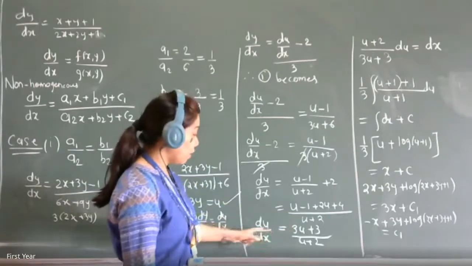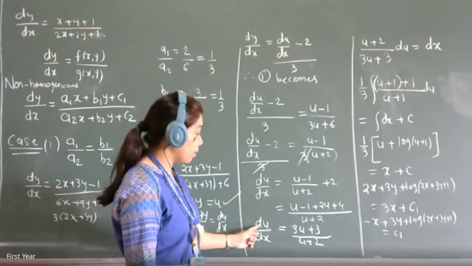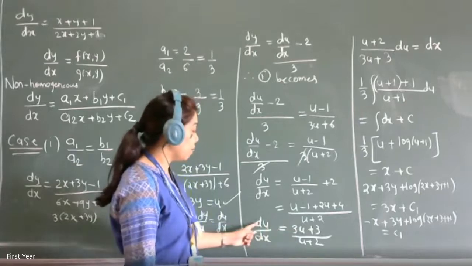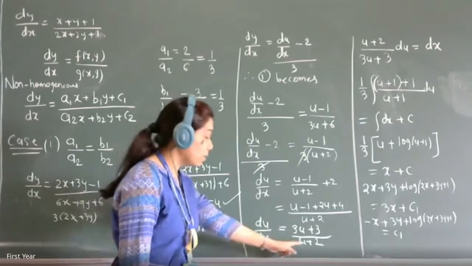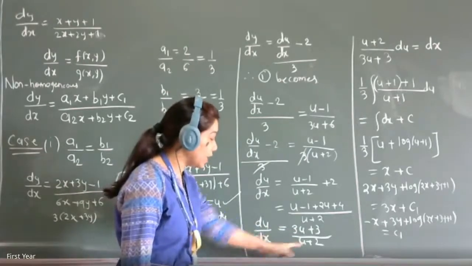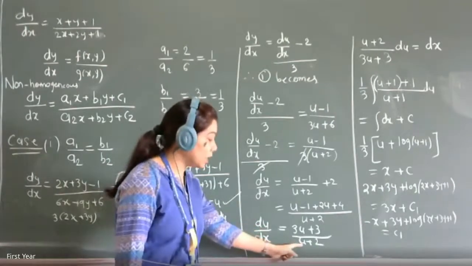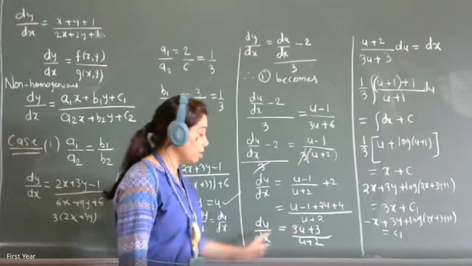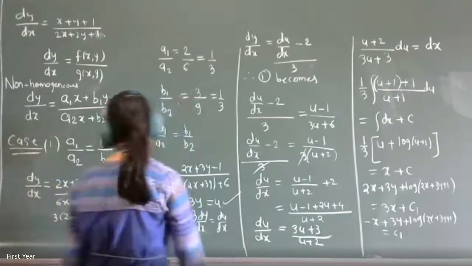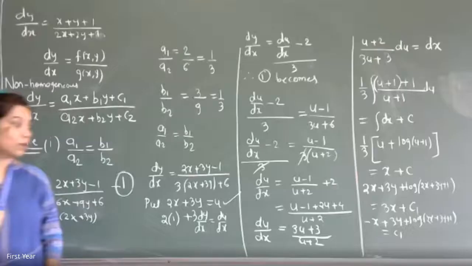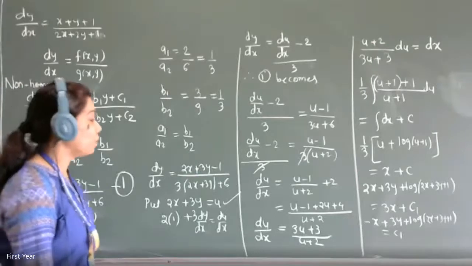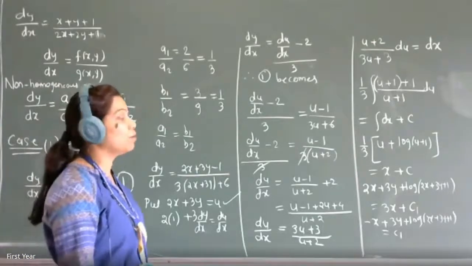Now I can clearly see that I can separate out the variables. u can be taken along with du and dx on the other side. But if I want to take the right hand side term to the left hand side, it will go as reciprocal. The lower denominator goes up and the upper term comes down. Yes or no? Yes, ma'am. So it will become u plus 2 upon 3u plus 3 du is equal to dx.